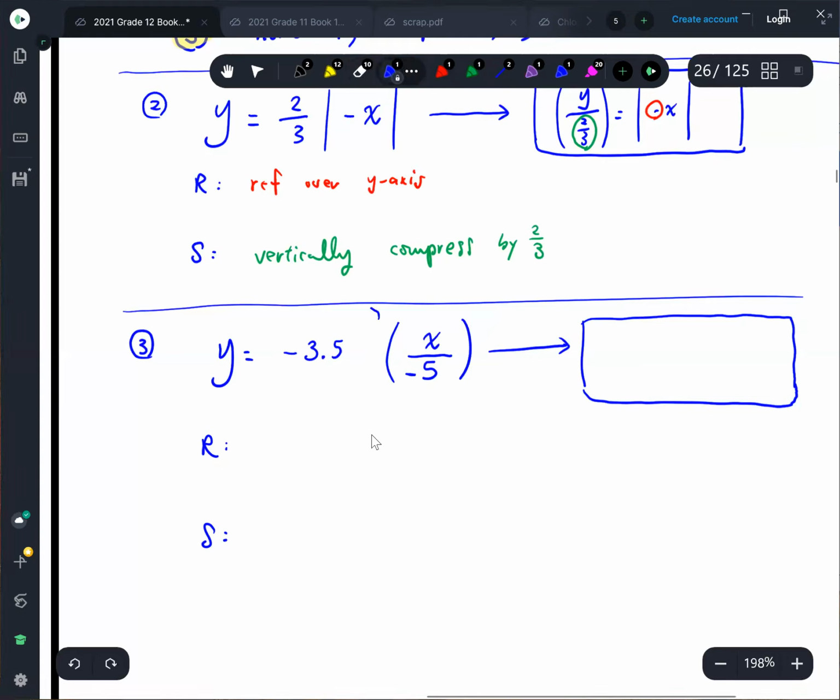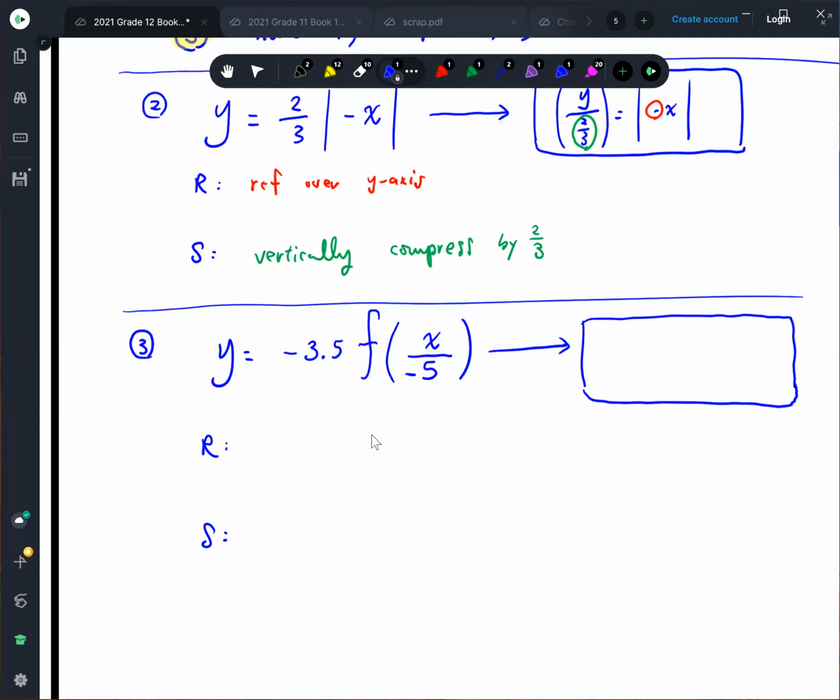That's why they use the F. So whatever is in the bracket is with the X. Whatever is outside the F, then that's movable. That's how you tell. Because later on, in other chapters, you'll see other functions, so they use this notation to represent that it can be any function.